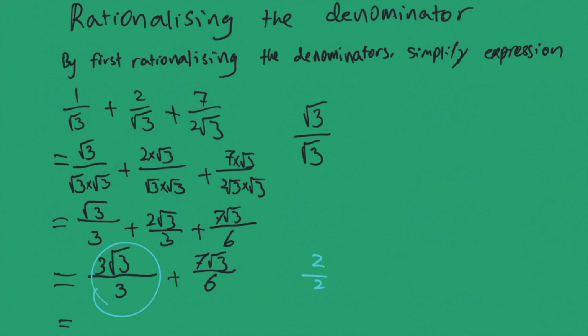And by multiplying by 2 over 2, we get 6 square root 3 over 6 plus 7 square root 3 over 6. We then add the numerators together, which eventually leads us to 13 square root 3 over 6.